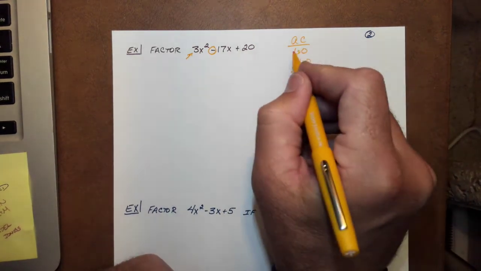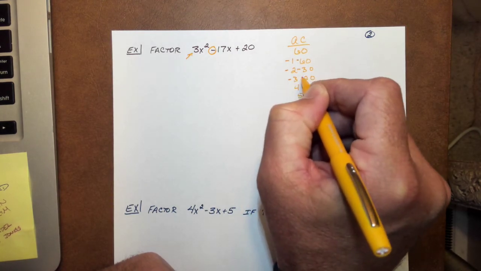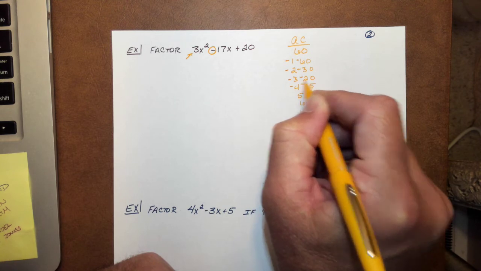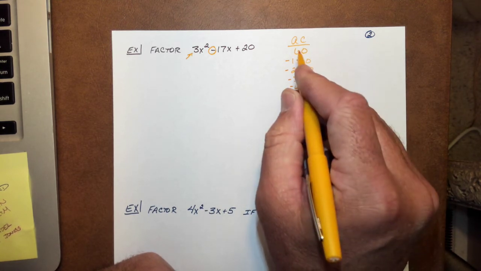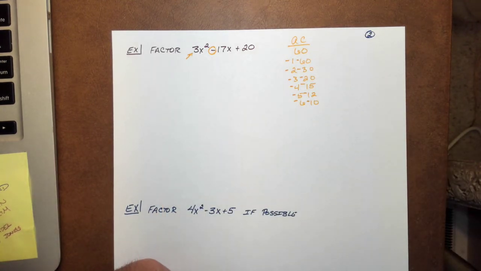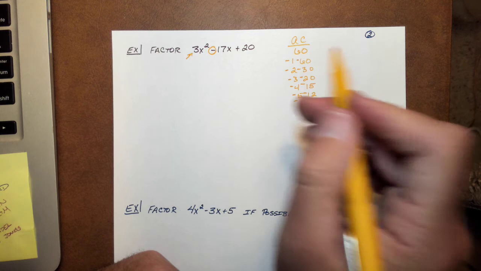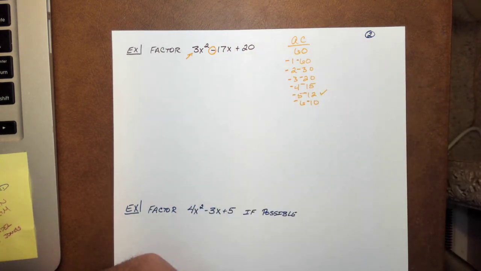But what I forgot to do, they're all negative factors. Negative times negative is positive, but we have to have a negative b term. That's why we chose this. So we need 2 of these factors that add to negative 17. Our answer comes in right there.